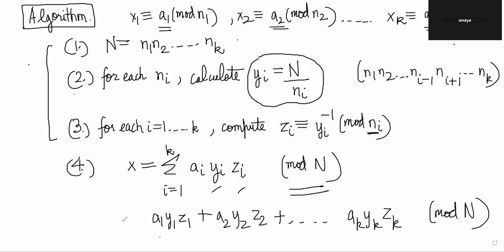Do you understand? So now let's apply this method and solve the same problem that we did earlier, the first problem that we did. The first problem was, I will rewrite it here only.